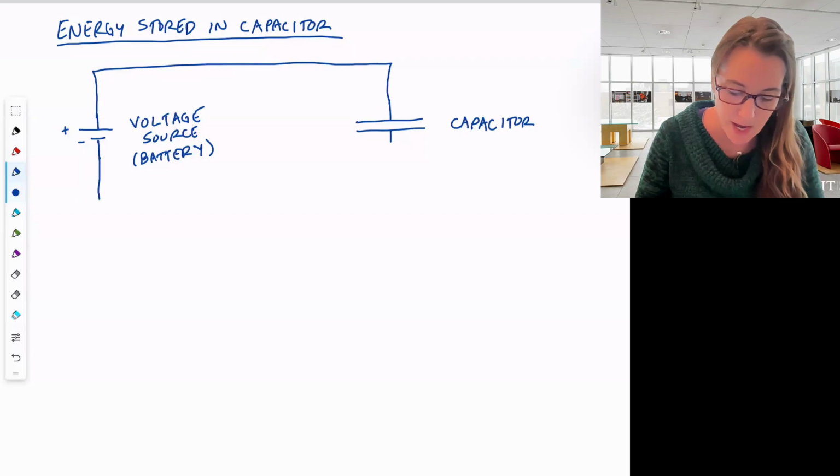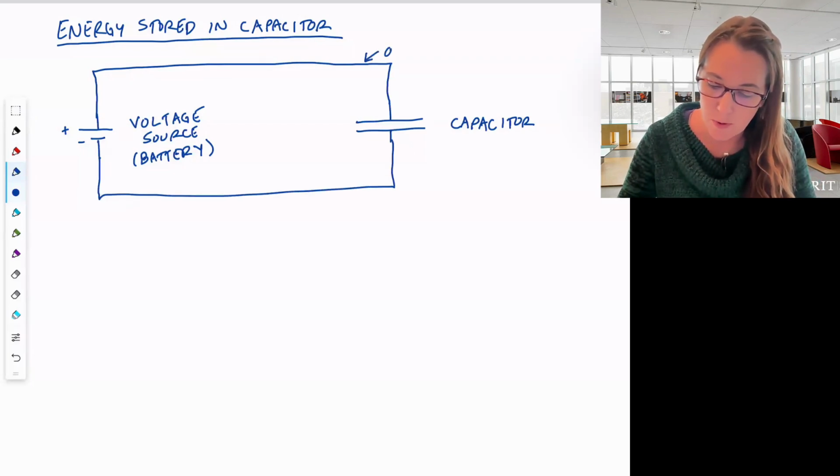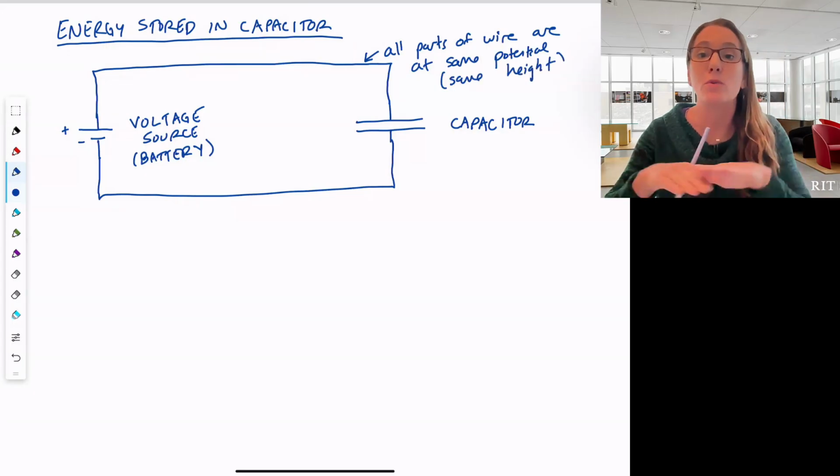What we mean by that is that it's completely level ground. So all parts of a wire are at the same potential, which, remember our analogy, means that they're basically at the same height. It's like level ground.